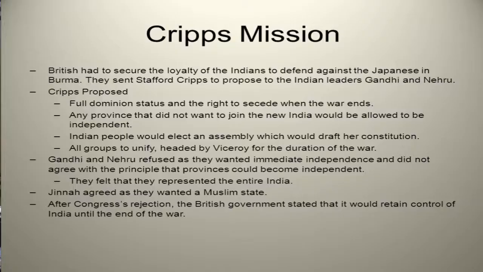Some of the findings from the meetings he held with political leaders were that there would be a union of India, and if some states didn't want to be a part of it, they could form their own separate union, their own separate homeland. Only certain powers would be given to the center, and the rest of the powers would be given to the provinces.